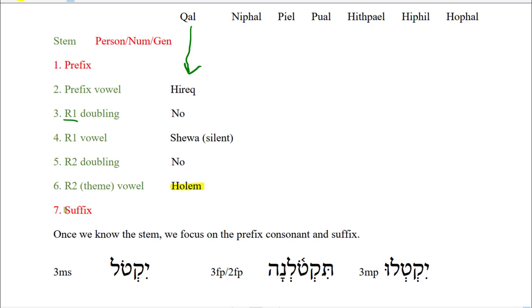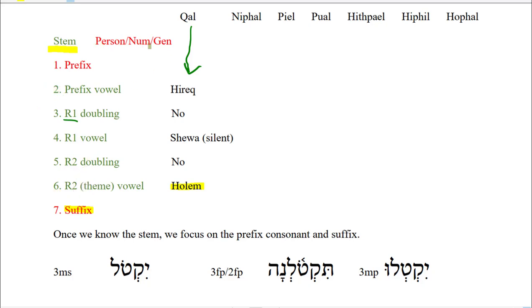And then the suffixes. Along with the prefix, the suffix tells us the person, gender, and number of the verb. So what I want to point out here is that we determine the stem really based on these characteristics 2 through 6.